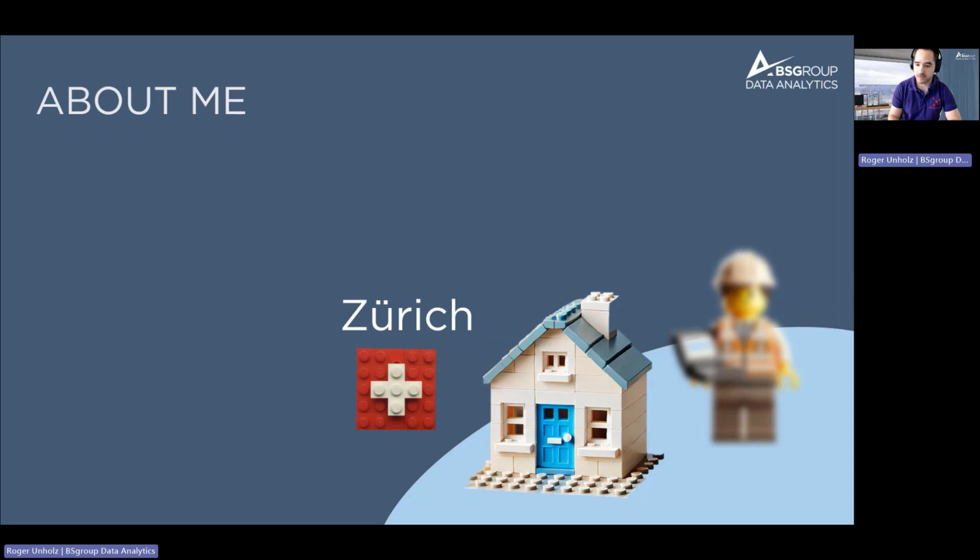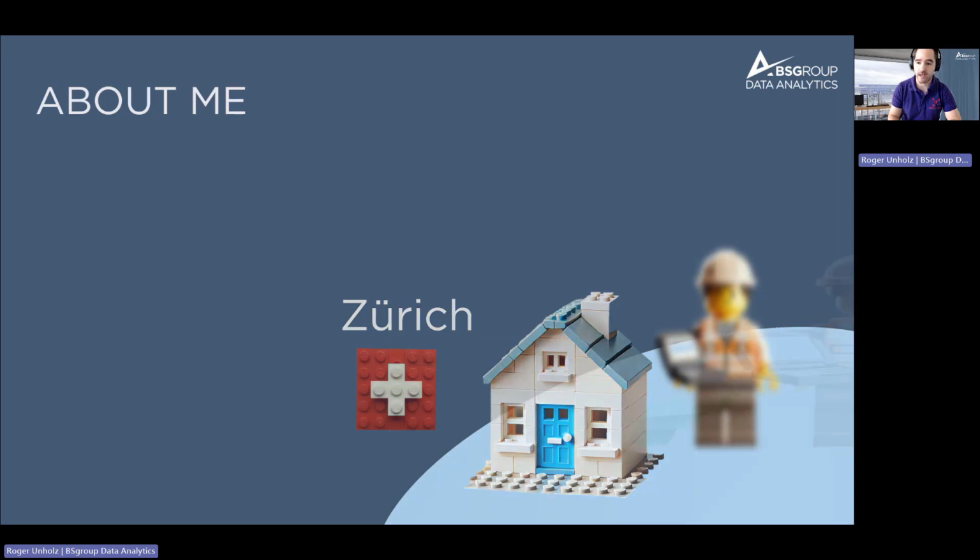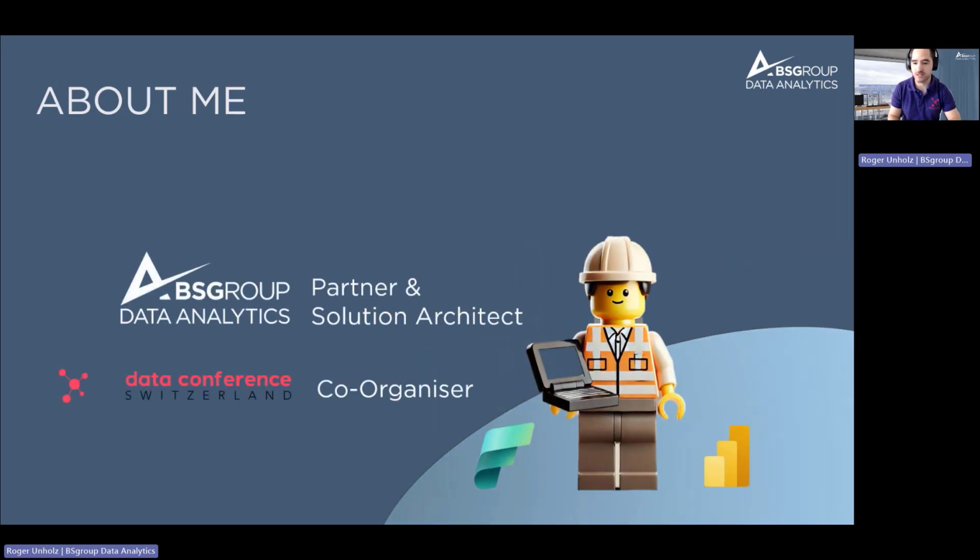I'm based in Zurich, Switzerland. I work as a partner and a solution architect at BSG, a consultancy company based in Zurich. We build data platforms and analytical platforms, mostly in Switzerland, sometimes with exceptions outside of Switzerland.